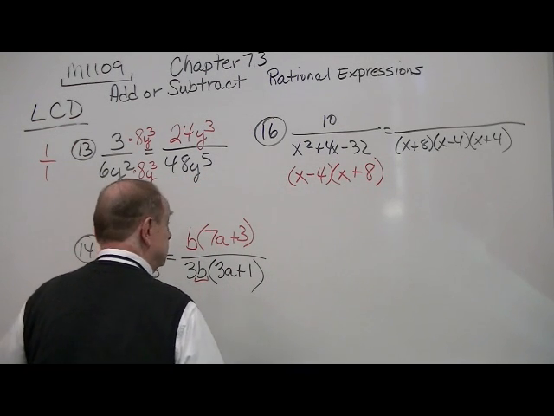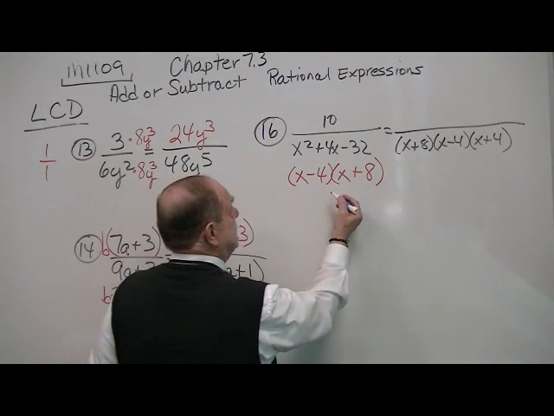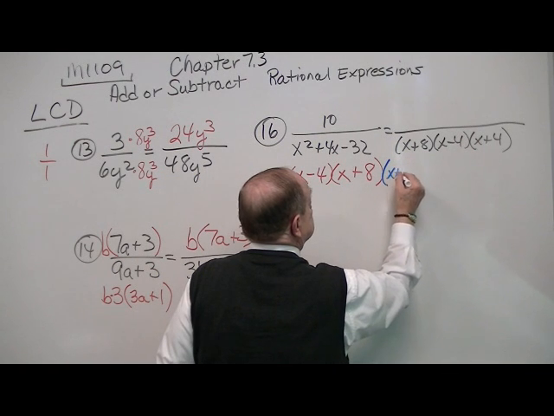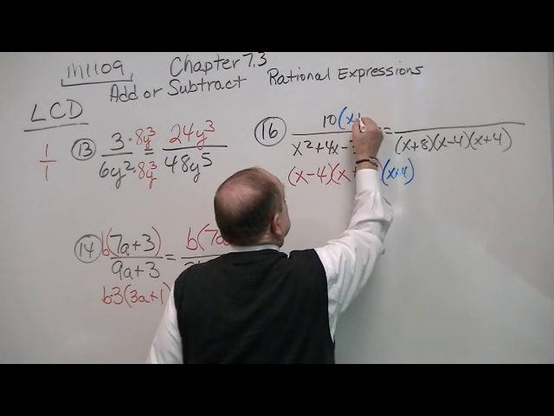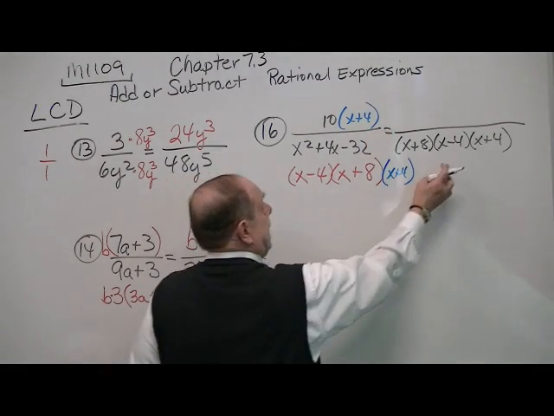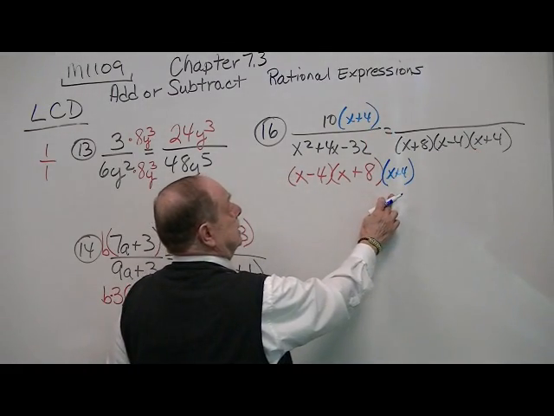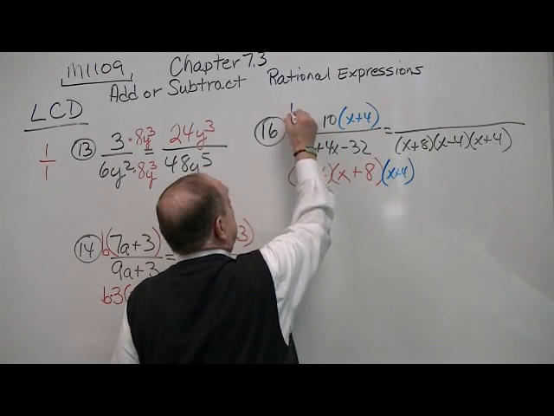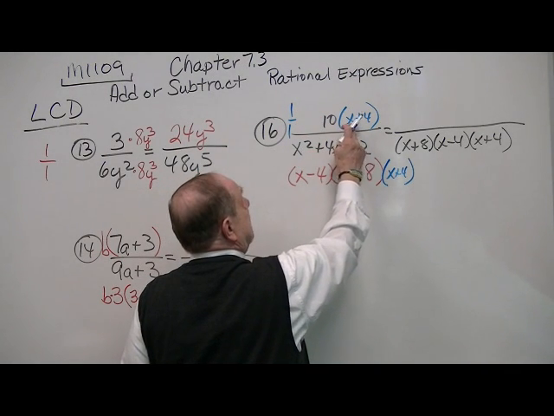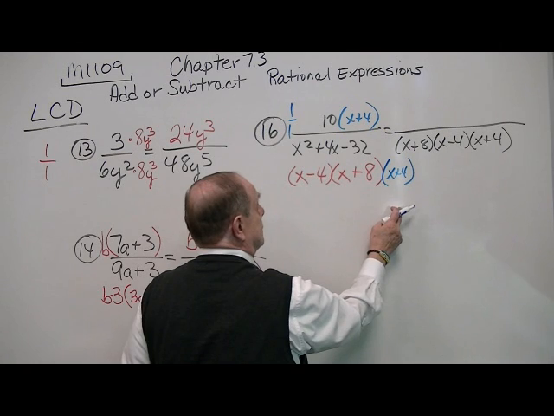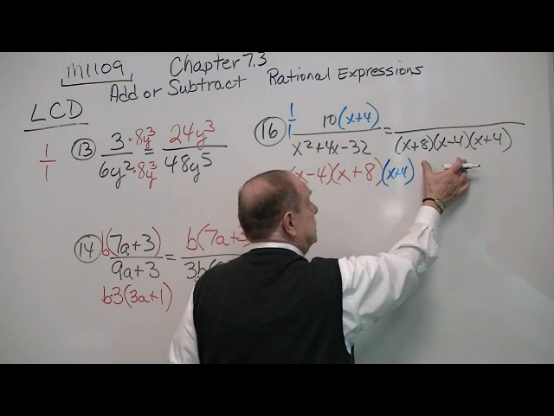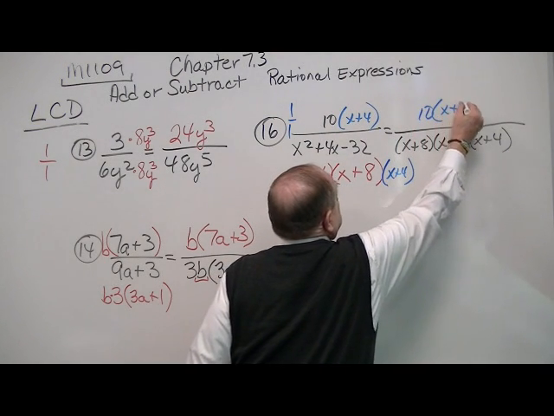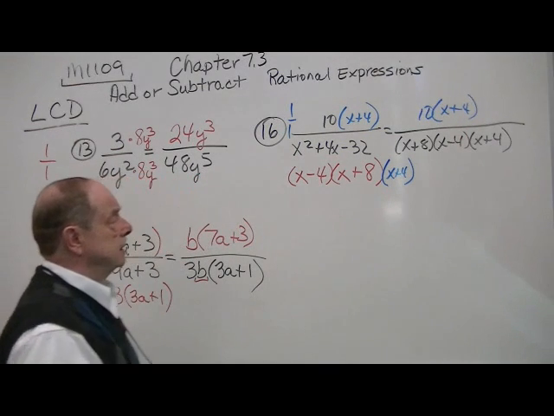Well, this one needs x plus 4. So that's the one that this was missing. So if I multiply numerator and denominator again by 1 over 1 in the form of x plus 4 over x plus 4, I now get this for the new denominator, and this answer becomes 10 times x plus 4. Okay?